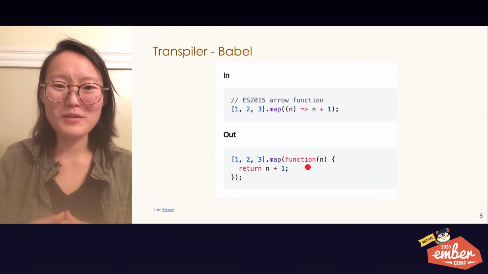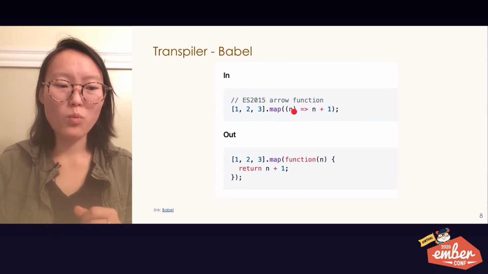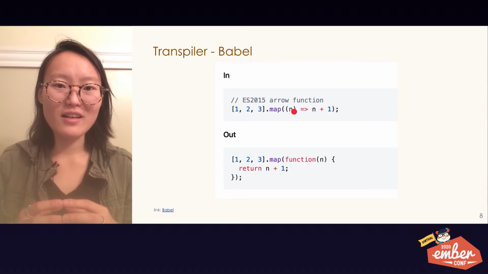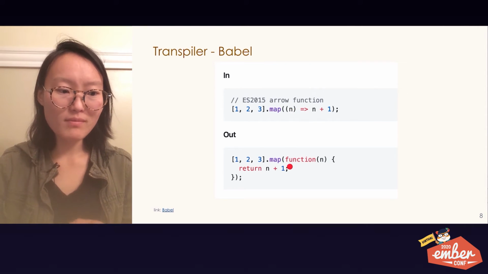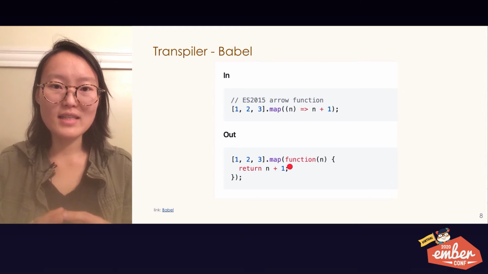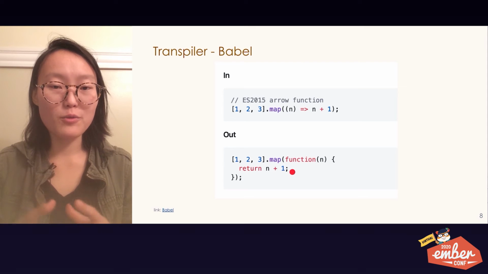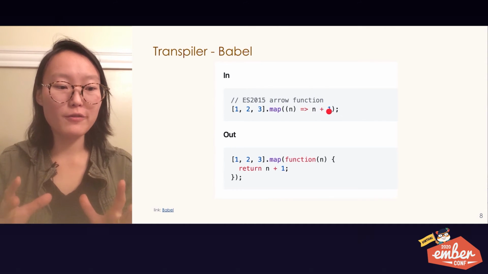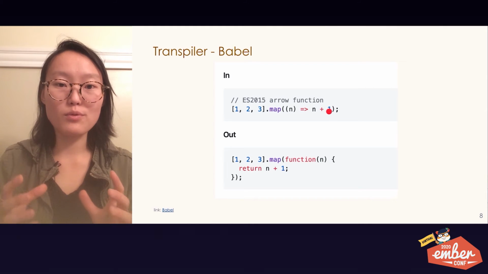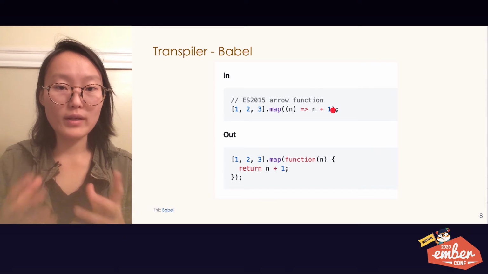One important problem, also very similar, is how does it know where the ending is of a syntax that it's trying to convert? How does it know, when it's converting a fat arrow to a regular function, that at the end of n+1 is where it's supposed to wrap the function, instead of around this whole entire item?